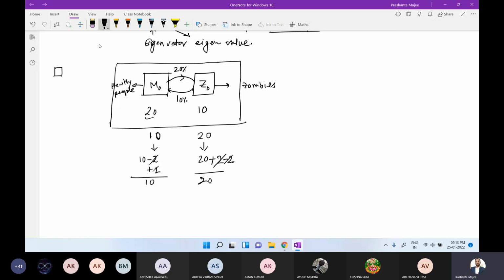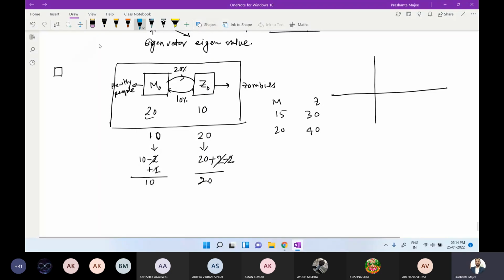Okay, it is not like this is the only solution. If the starting values of men and zombies are 15 and 30, again there will be no changes in the subsequent days. If it is 20 and 40, there are no changes in the subsequent days. So you see all those values which are lying on the line.